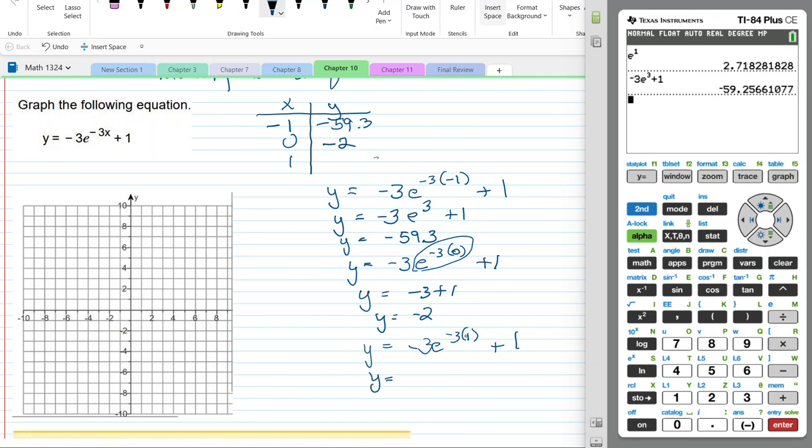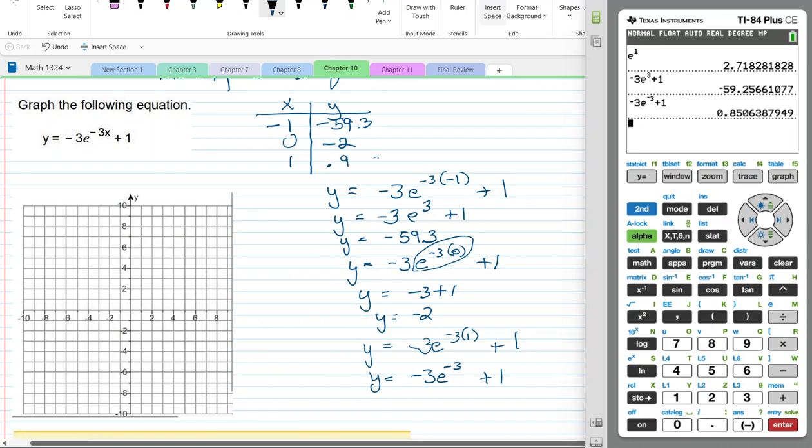So I'm going to have a -3e to a -3, which is a reciprocal value, plus 1. And we're going to use our calculator. -3 second ln to the -3. And I got a side arrow, make it back down, plus 1. And I get 0.85. So I'm going to say 0.9. And it's positive.